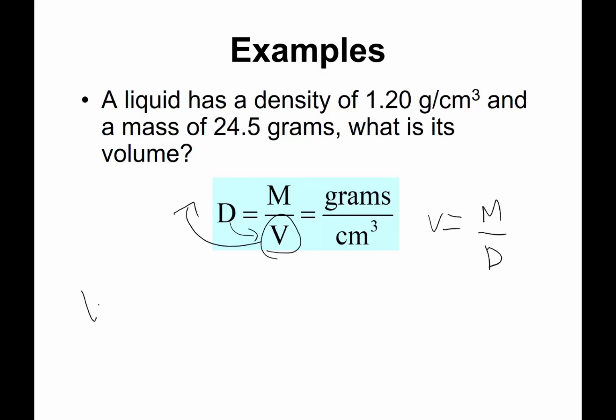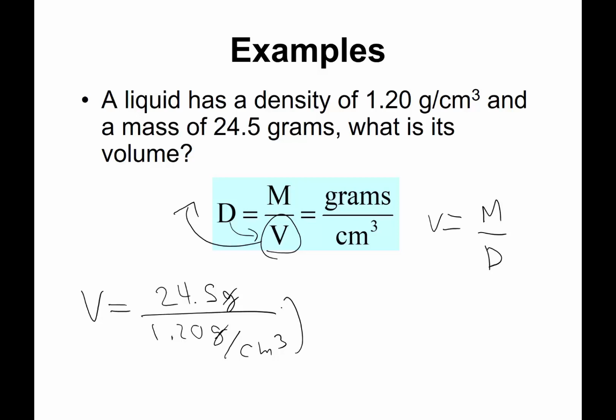You take the mass, which is 24.5 grams, and you divide it by 1.20 grams per cubic centimeter. The gram cancels, this appears on top, and our units are what they should be, cubic centimeters, and this is 20.4 centimeters cubed.